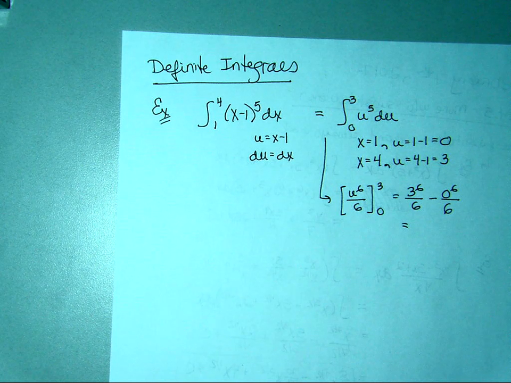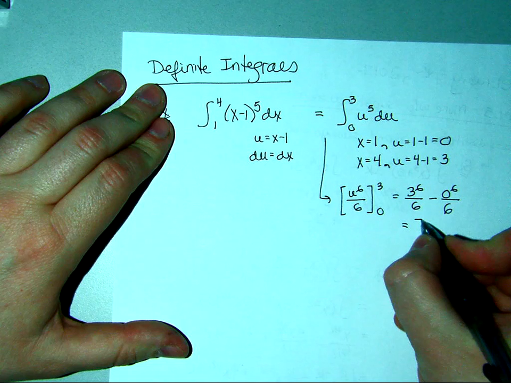The end is really easy. The end is just minus 0. Marley, what do you have? 243 over 6, minus 0 at the end. So we're going to get 243 over 2. Yeah, I will keep the numbers a little more manageable for a quiz.